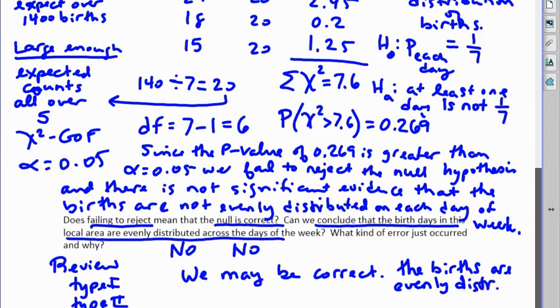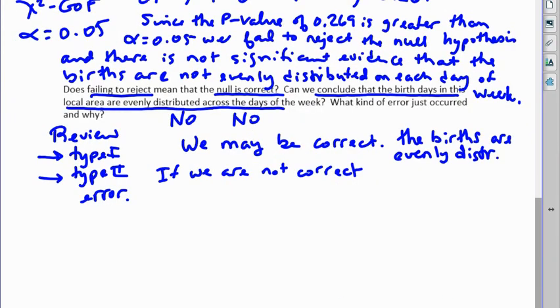But if we are not correct, what did we just do? Did we do type 1 or did we do type 2 error? If we are not correct, we failed to reject the null when we should have rejected it. We failed to reject the null when the null was really not true.